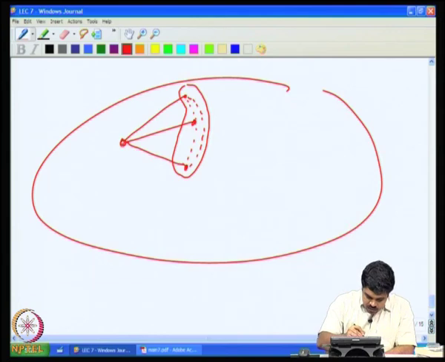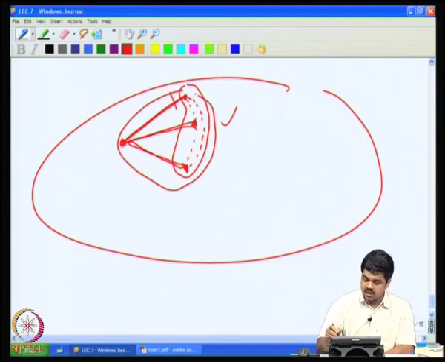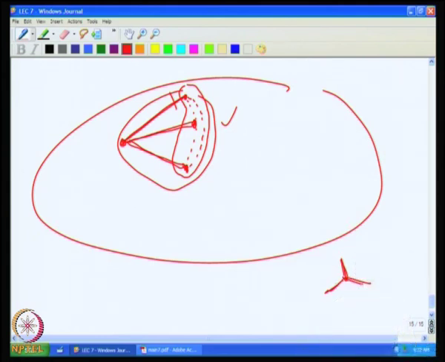I am just taking this vertex and 3 of its neighbors, and if these 3 neighbors are independent, that means they do not have any edge between them, then this is the entire 3-star. This structure is called a claw, and if the graph does not have any claw in it, then it is called a claw-free graph.